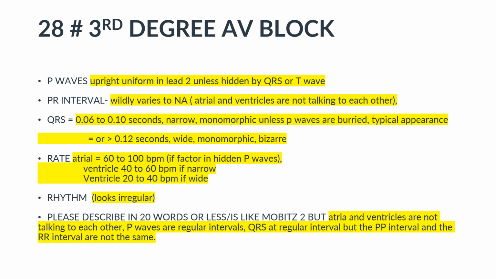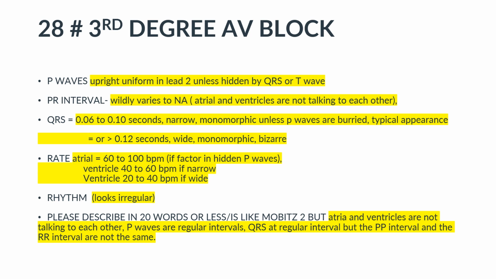The ventricles are going to be 40 to 60 beats per minute if the QRS is narrow. Why? Because you're high up in the His-Purkinje system. You're relying on something that's pretty close to the AV node. If the QRS is wide, then you're looking at more like 20 to 40 beats per minute, but that's also going to be regular.